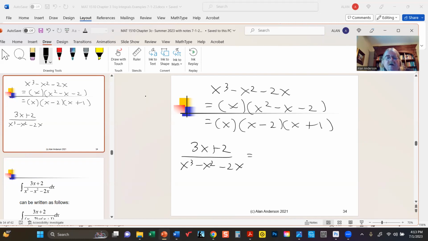So basically, what we're going to have is this. Okay, so this is where we're going. So we're going to have 3 constants to solve for.